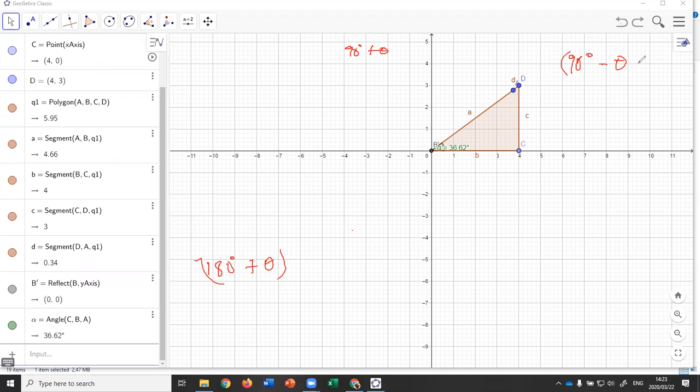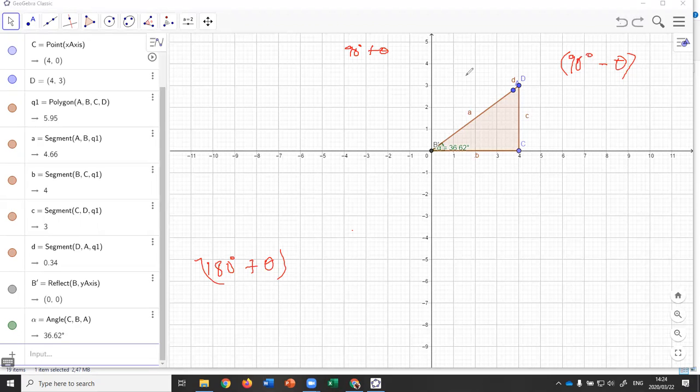Now we're going to do the 180 minus, and let us see where that throws us. Can you guess? Yeah, I'm sure you got that one right. It must leave us somewhere in the second quadrant.